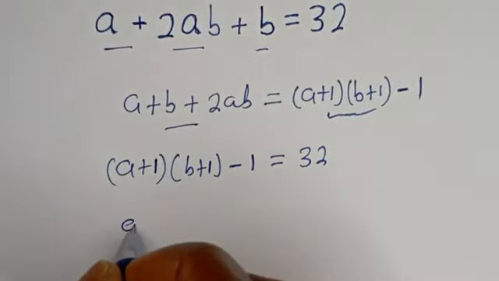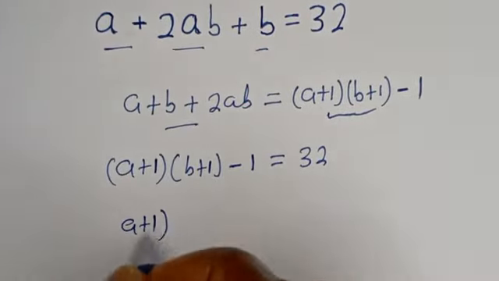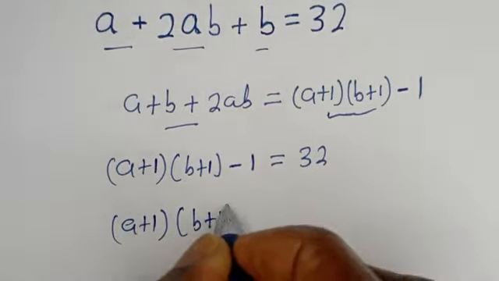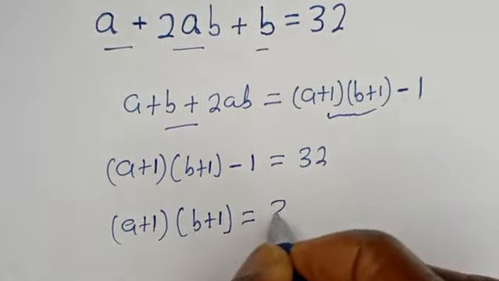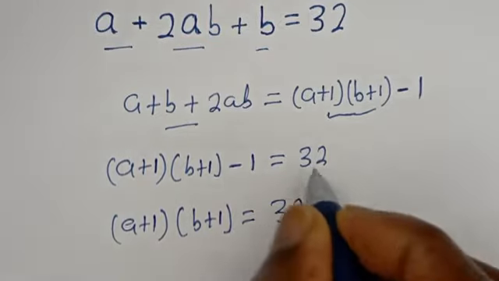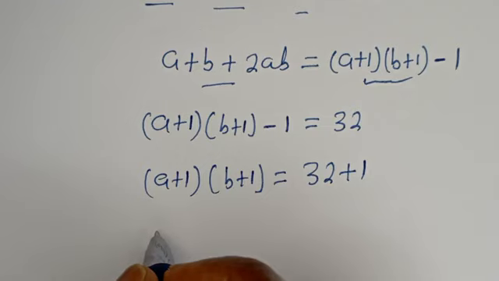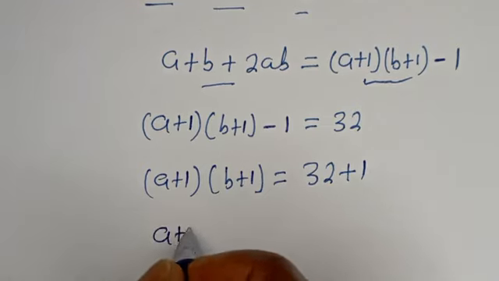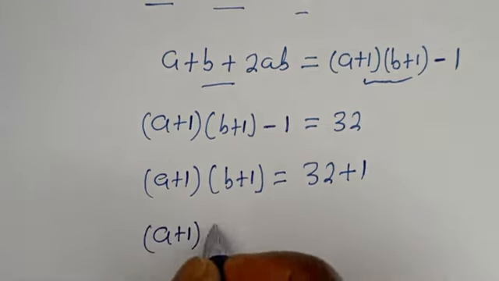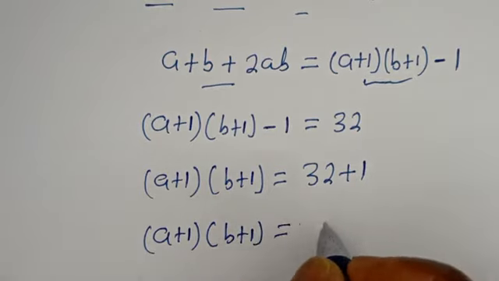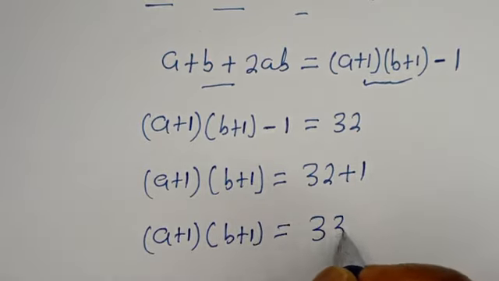Then we have (a plus 1)(b plus 1) is equal to 32. If you take this one to this side, it becomes plus 1. Here we have (a plus 1)(b plus 1) is equal to 33.